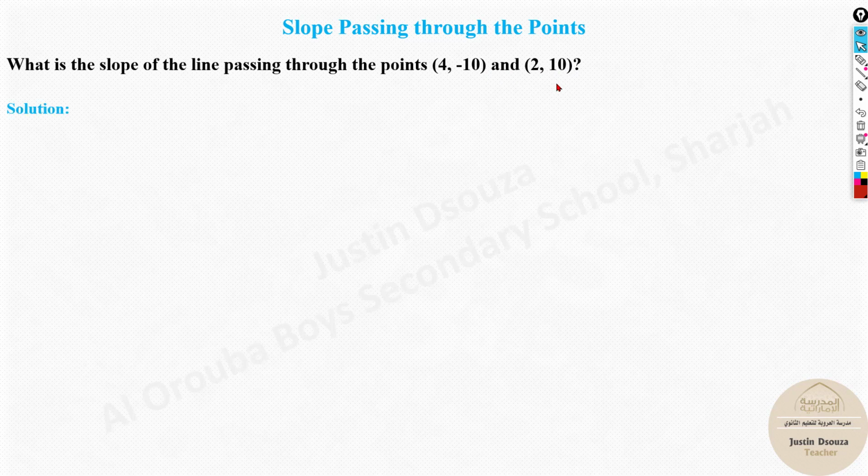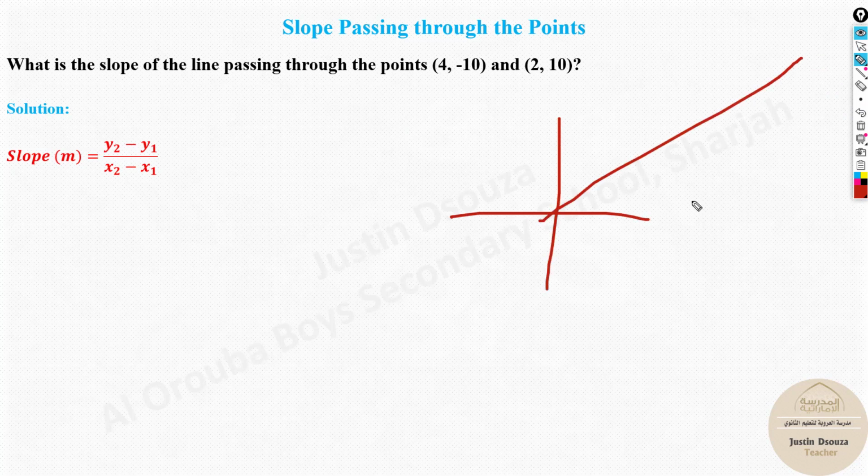Now, we need to recall the slope formula, which is given by y2 minus y1 divided by x2 minus x1. Before we begin, let me just draw a line like this. What does this exactly mean? Now, y2 minus y1, let's take two random points, this and this. y2 means somewhere over here, right?